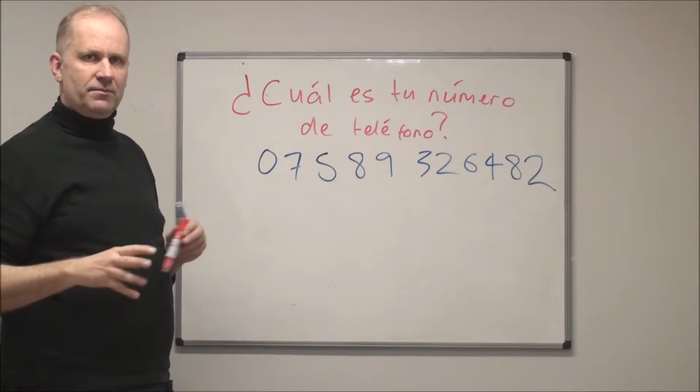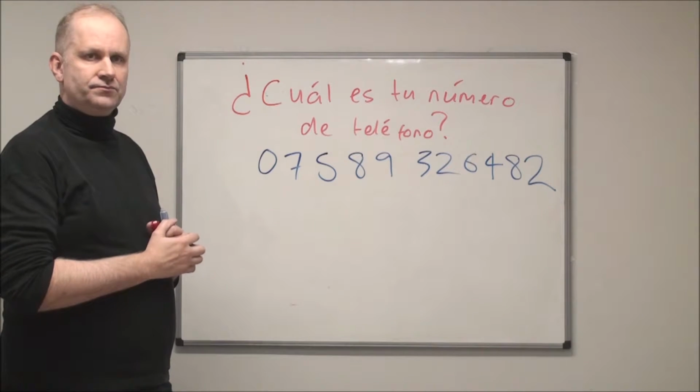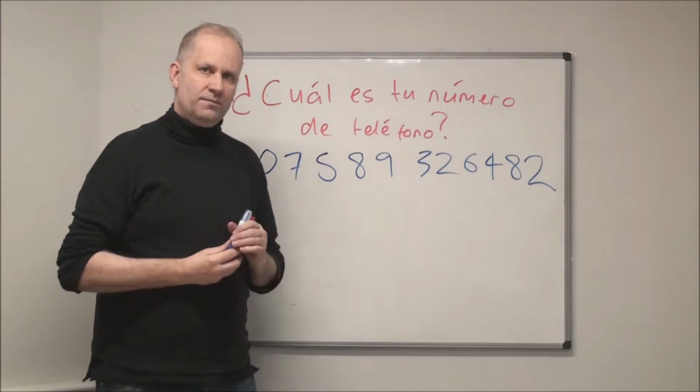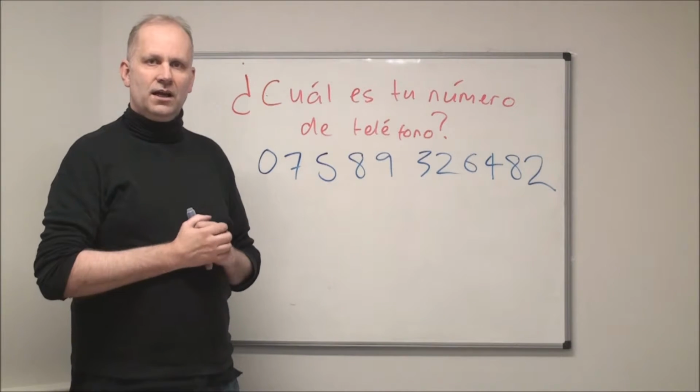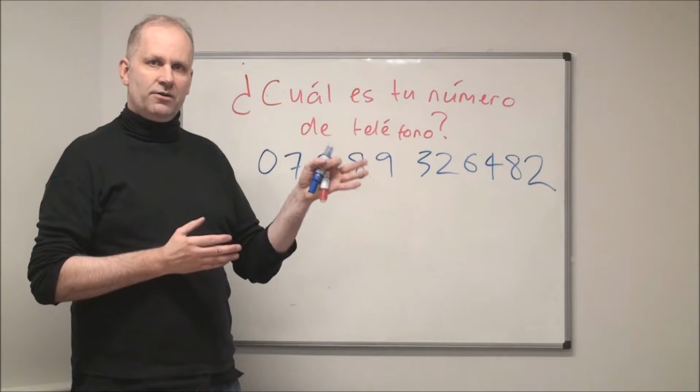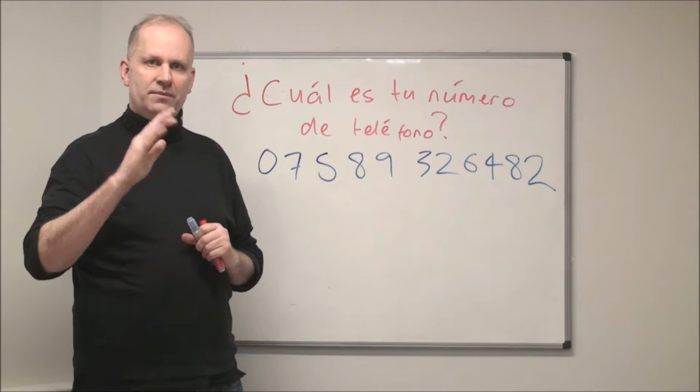So if you just write your own number out and then practice saying it. Okay, so that's 0 to 10. In the next tutorial on numbers, we're going to be looking at going from 11 to 20. Okay, so hasta la próxima.